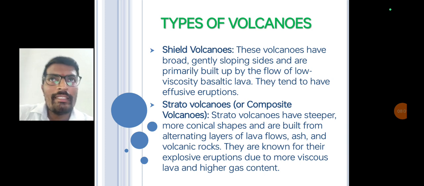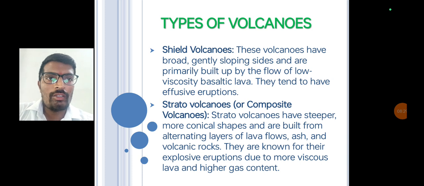Composite means the combination of shield volcanoes and cinder cone volcanoes. Cinder cone volcanoes have a steep slope at the crater, and shield volcanoes, because of low viscosity, have broad, gently sloping sides at or near the crater. This is the combination of the volcanoes, also known as composite volcanoes.